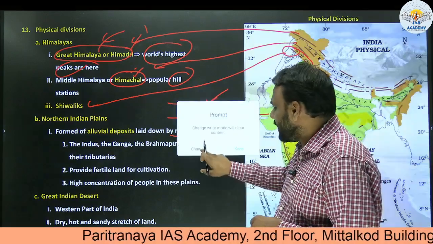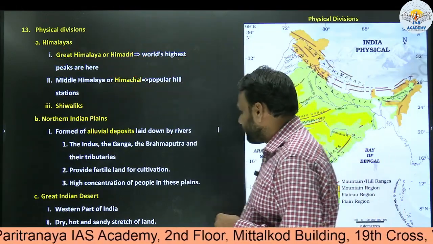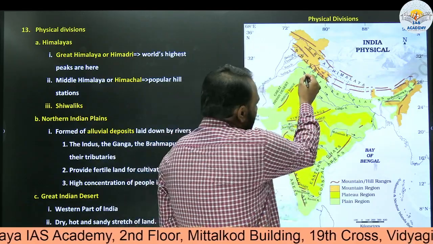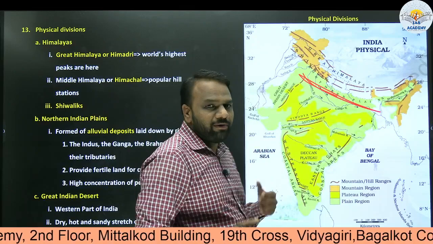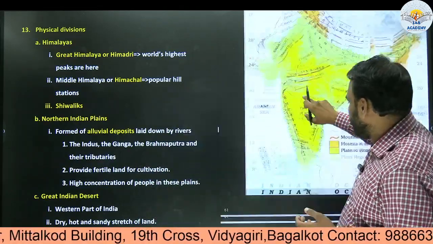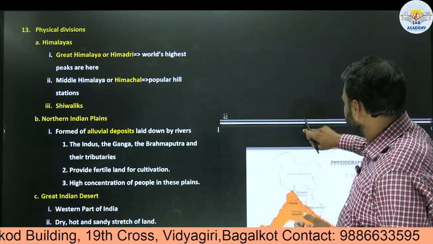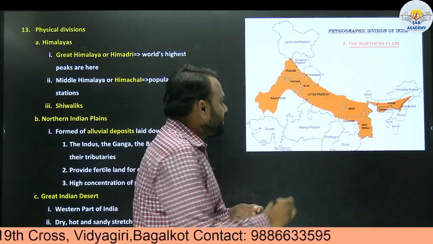Next, northern Indian plains. Here we have just a rough idea that we call it northern Indian plains. Whenever we are getting confused, we should go for extra information. So generally this area we refer to as the northern Indian plain.